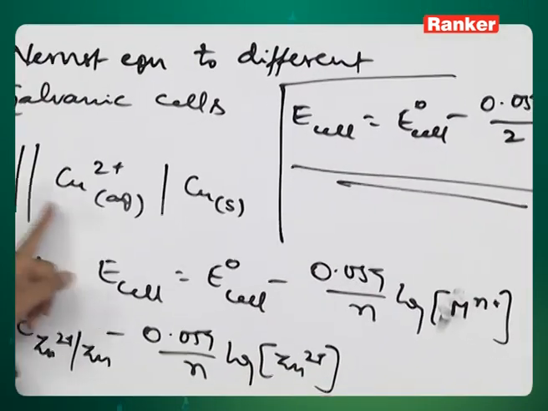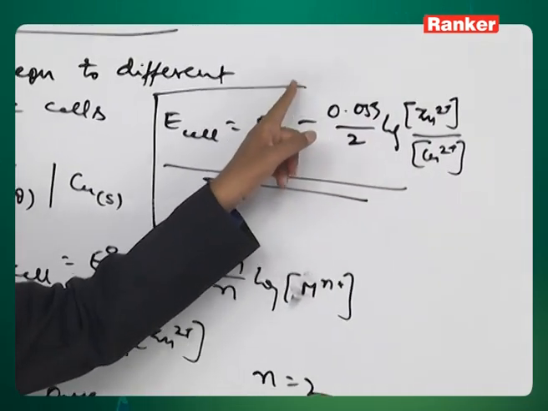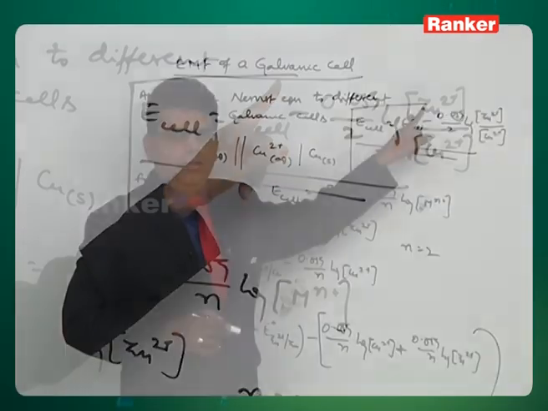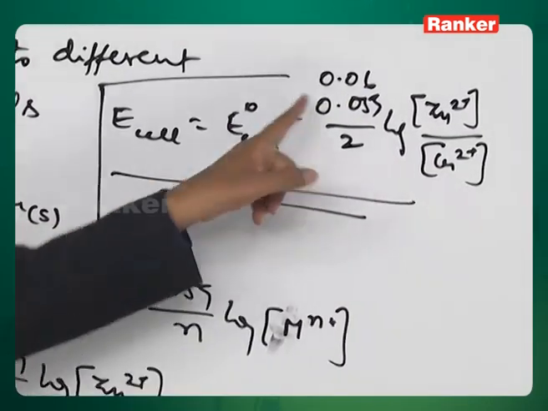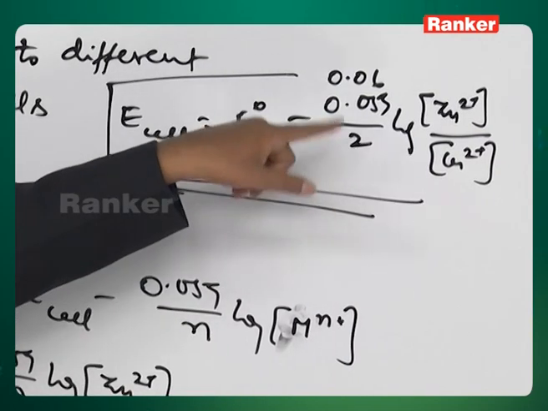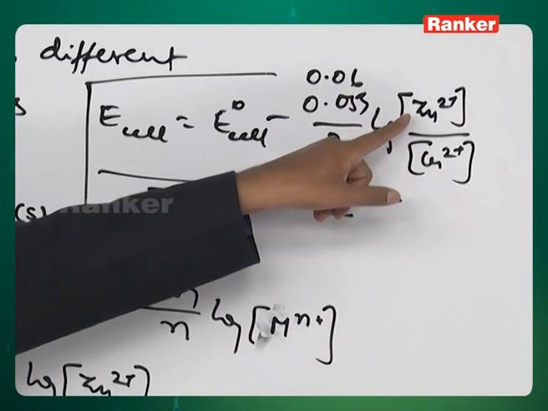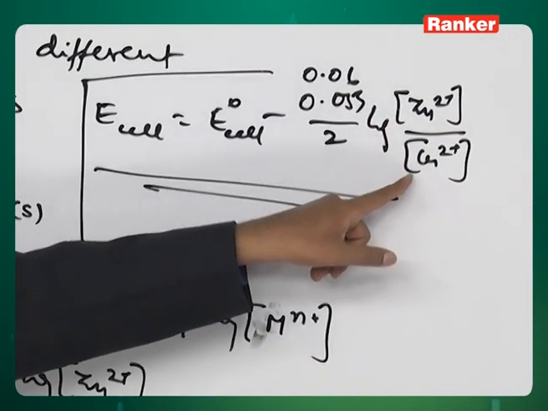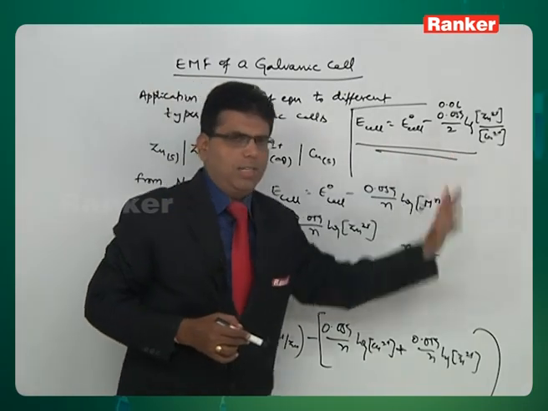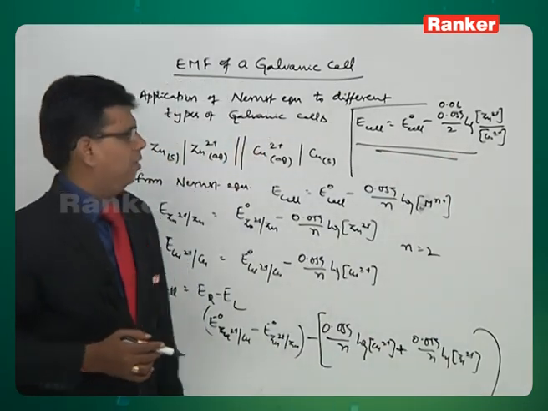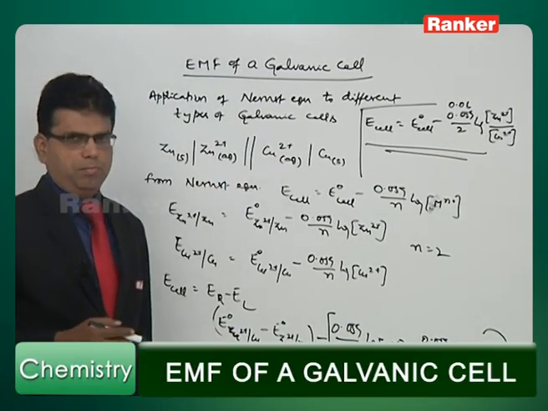The EMF of the zinc copper couple can be determined as E naught cell minus 0.059, which for all practical purposes can be taken as 0.06, so 0.06 by 2 so that our calculation will be simple, log Zn2+ by Cu2+, that means the concentration of zinc ion by the concentration of copper ions in the solution. This is how simply we can determine the EMF of a galvanic cell for the metal ion electrode type.